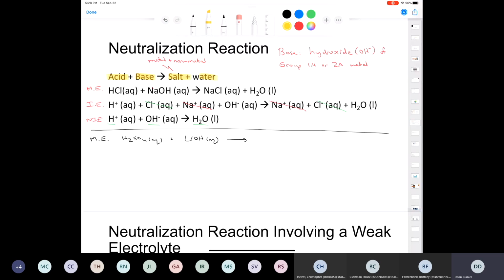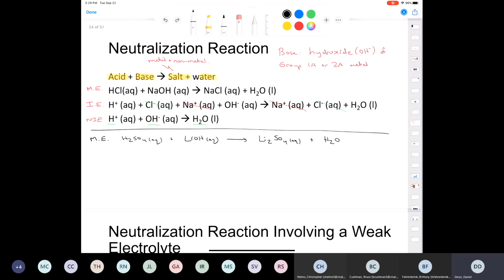Well, what's going to happen is our cation is going to combine with the other anion. So we're going to end up with lithium sulfate, which is Li2SO4. It's soluble. I'll skip that part for us. And then you end up with water. So the hydrogen ions are going to combine with hydroxide to make water.